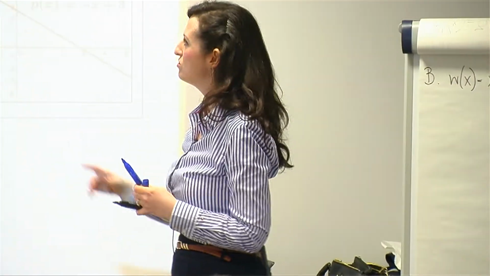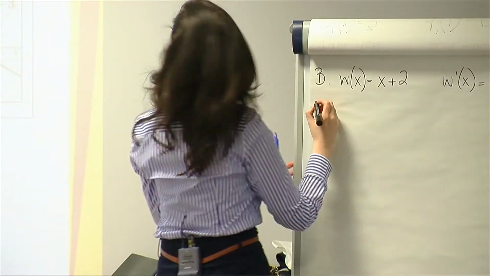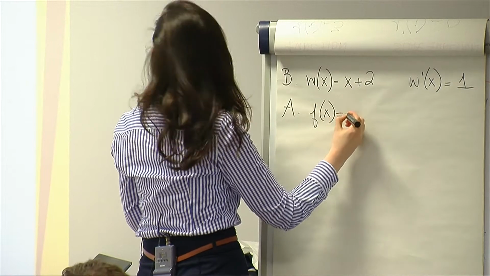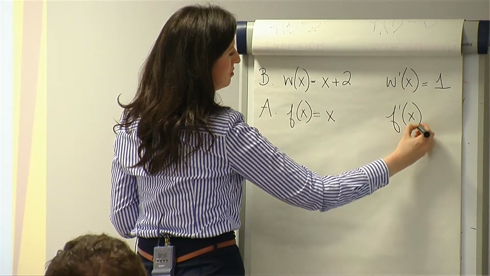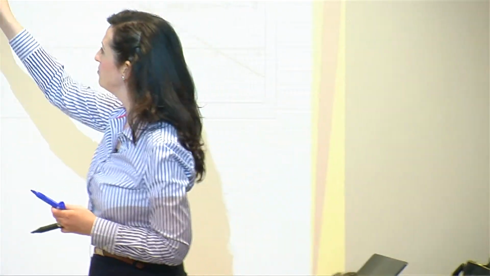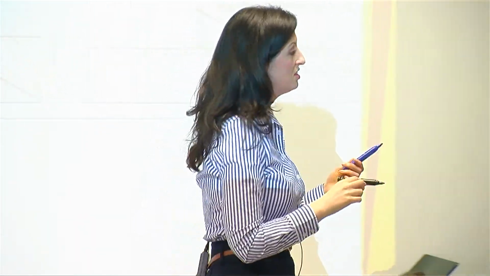But then this is really interesting, because when we did f of x in part A, f of x equaled x, and we also said our slope function was 1. How can that be? How can A and B have the exact same slope function? The constant, okay, so the constant goes to 0.